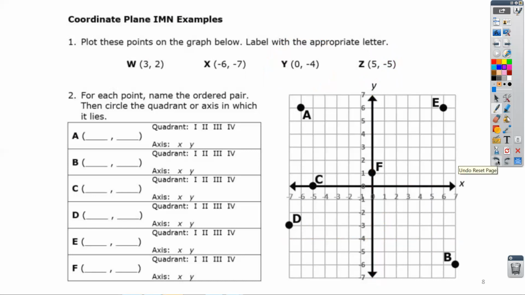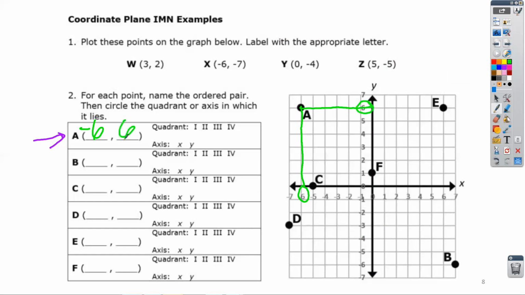Now, if I look at point A, it wants to know what's the coordinate for point A. This is where really drawing those lines, I feel, with different colors come in extra handy. So here's what I would do. Draw a line down to your x-axis, and where does it touch? It touches at -6. And then draw a line over to your y-axis, and where does it touch?